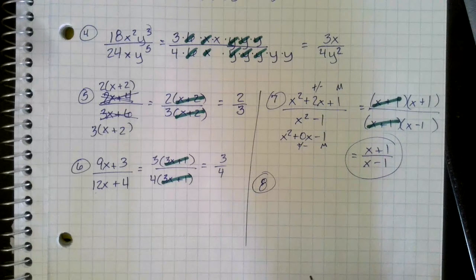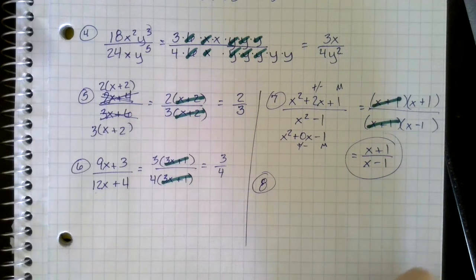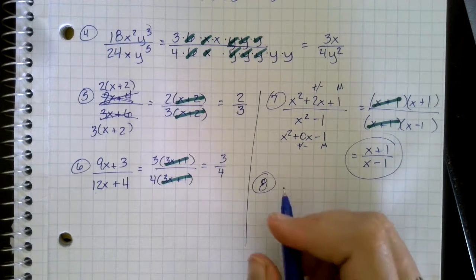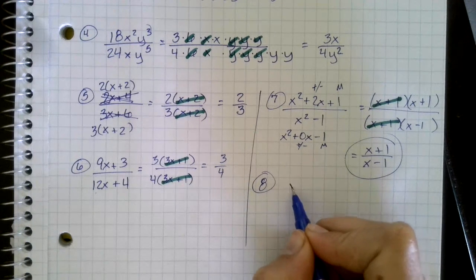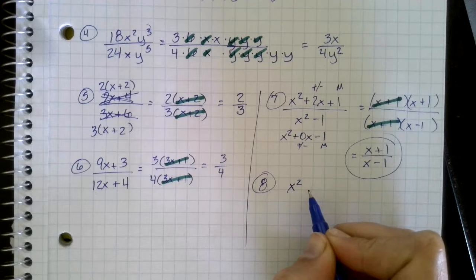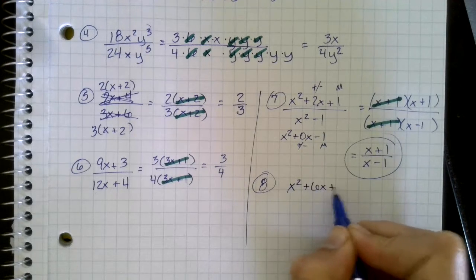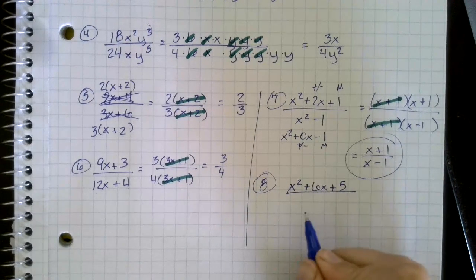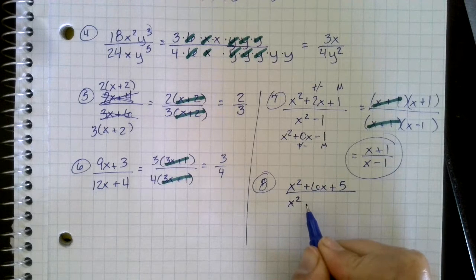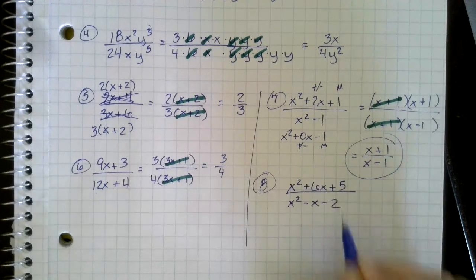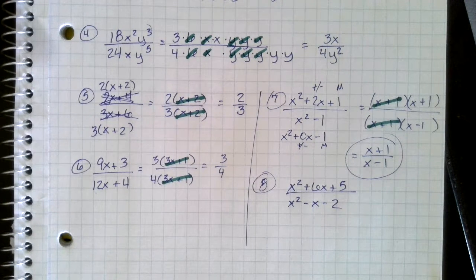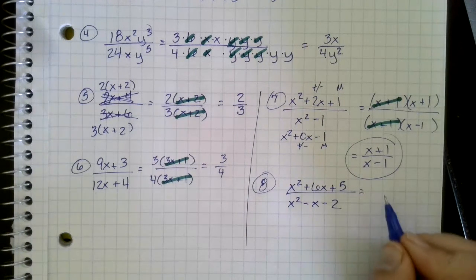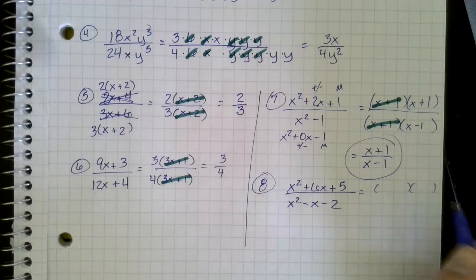So one more here, and again, I encourage you to pause the video and give this a try on your own. So we have x squared plus 6x plus 5 over x squared minus x minus 2. So if you tried this one on your own, hopefully you were able to factor.